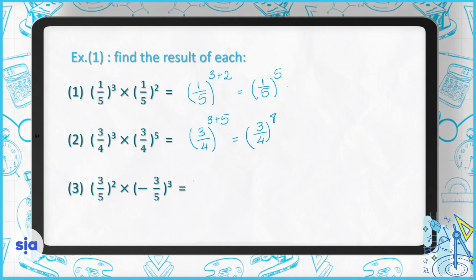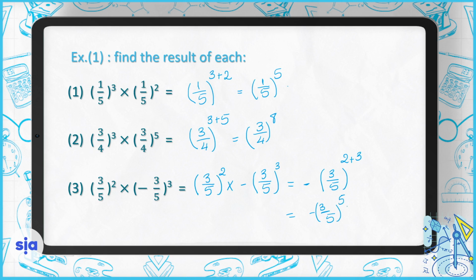Let's see how we're going to solve it. 3 over 5 to the power of 2 multiplied by negative 3 over 5 to the power of 3. The negative remains as it is, then 3 over 5 to the power of 2 plus 3, so the result is negative 3 over 5 all to the power of 5.